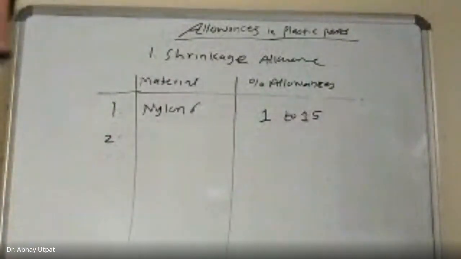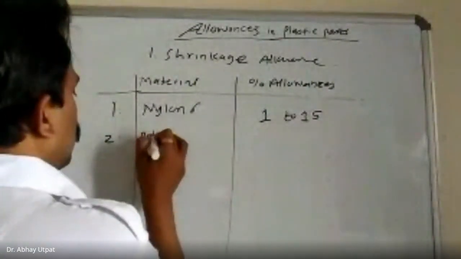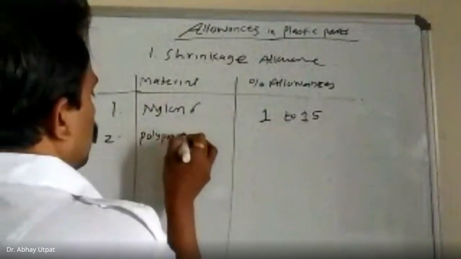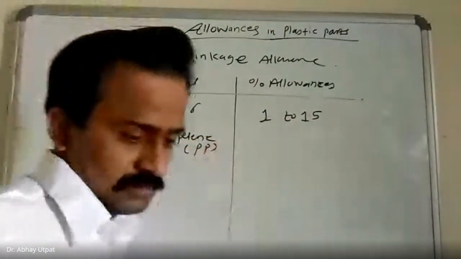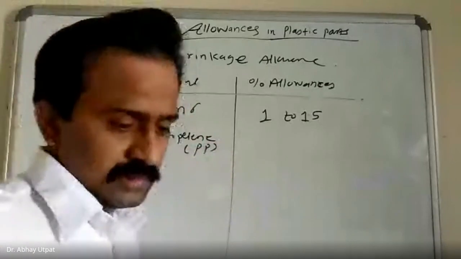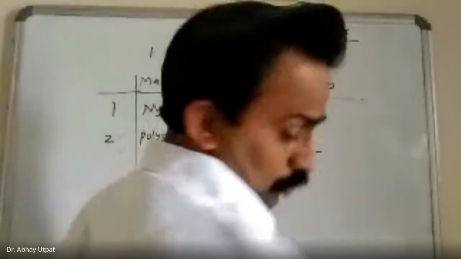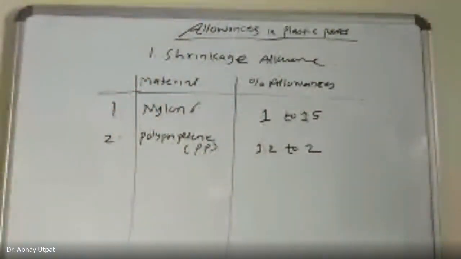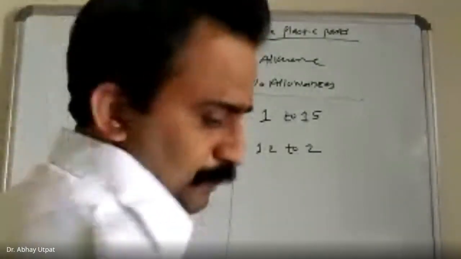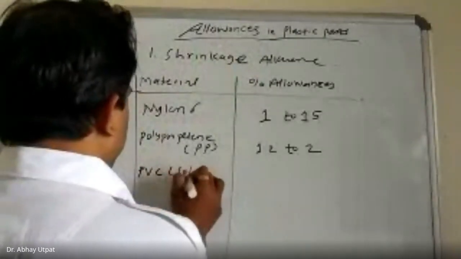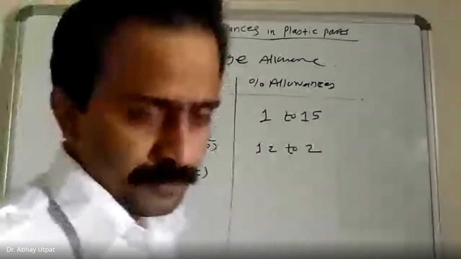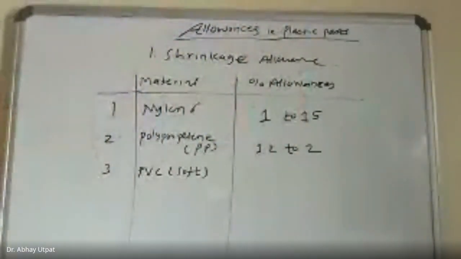Then if you use polypropylene, short form is PP, then it will be 1.2 to 2%. It is percentage allowance in the dimension. Then PVC soft, for PVC soft, the allowance provided is 1 to 3 mm.